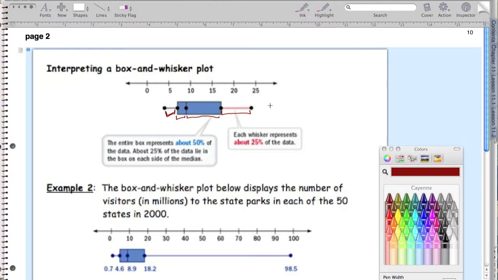So each segment of our box and whisker plot is representing 25% of the data. And what gets confusing is that people look at it and say, well, hey, how can that be? This segment is a lot longer, a lot wider, covers more numbers than this one. This one's pretty small. How in the world can this equal 25% and this equal 25%?